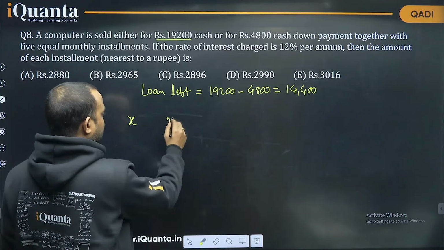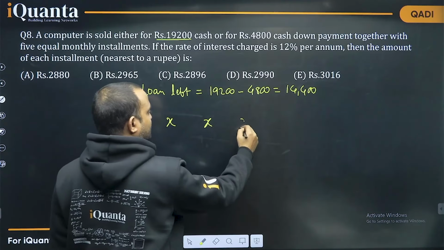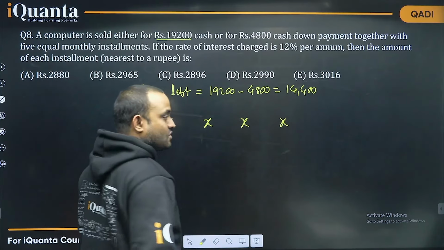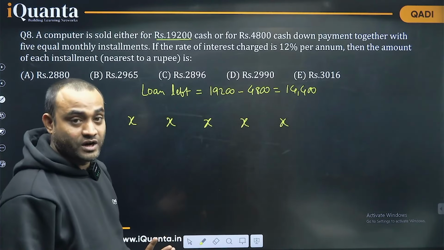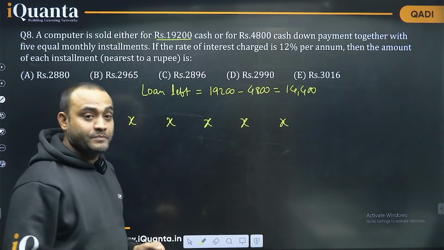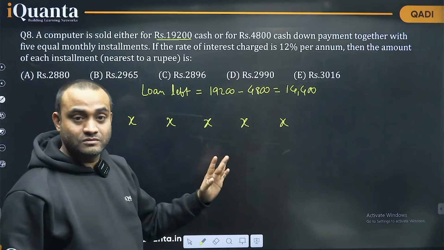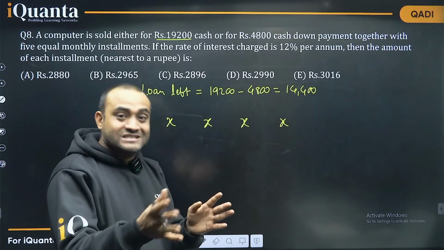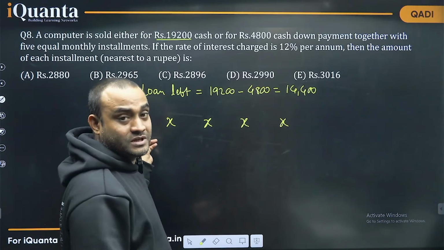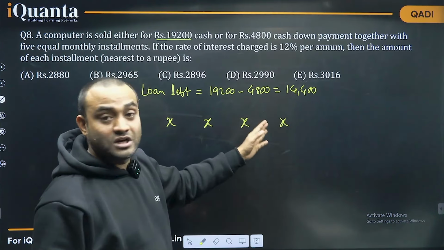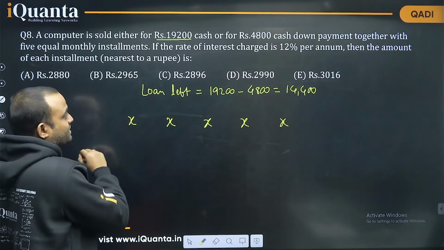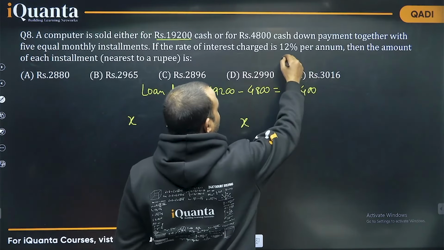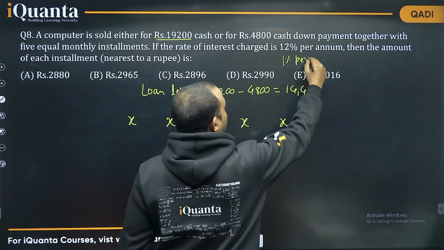So x, x, x, x and x. All of these installments will be paid to repay this 14,400. Now the first installment will be paid 1 month after taking this loan. So there will be 4 months interest added to this installment, correct? Because the total loan is being paid after 5 months. So the future value of this installment, 12% per annum, we can say this will be 1% per month.